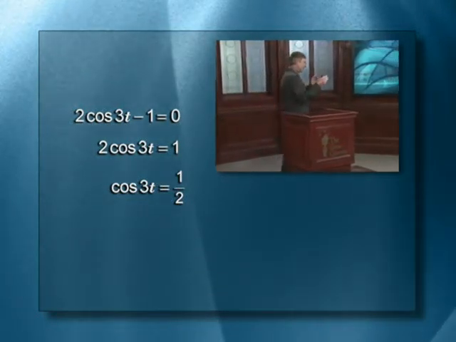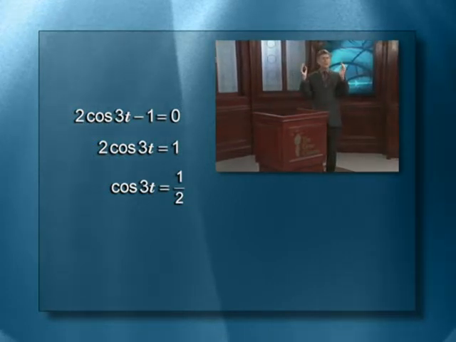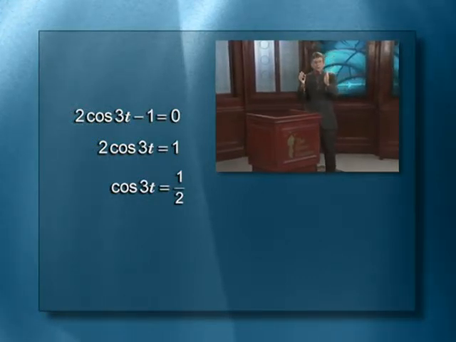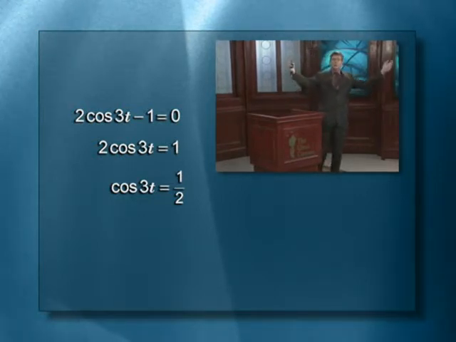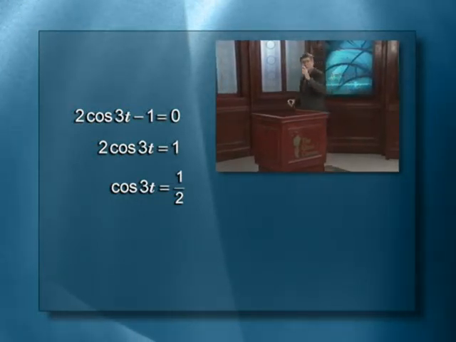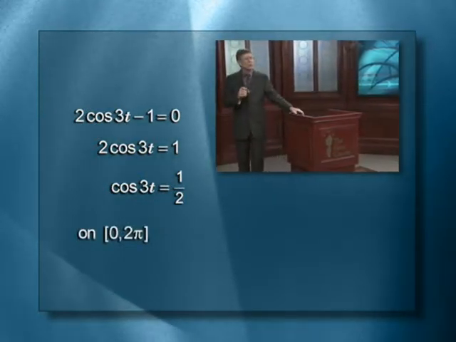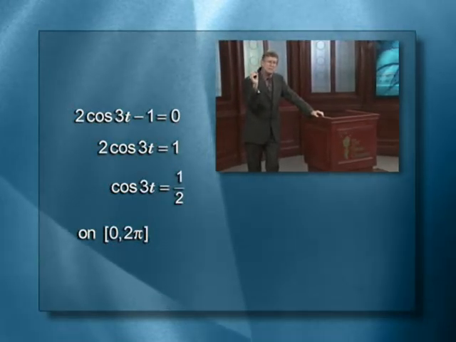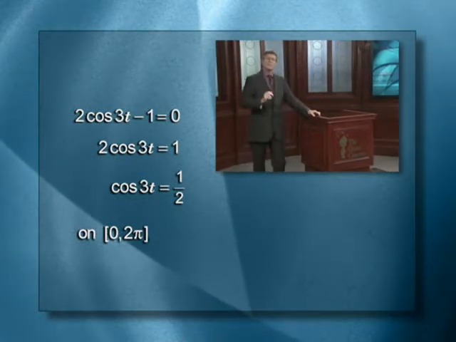Now, I recommend the following technique. Solve these first on the interval 0 to pi, and then extend it out to infinity on both sides. So get those first few solutions on the interval, and then add the multiples of 2 pi at the end. So here we go. I need cosine 3t equal to a half. What should 3t be in order that its cosine is a half?